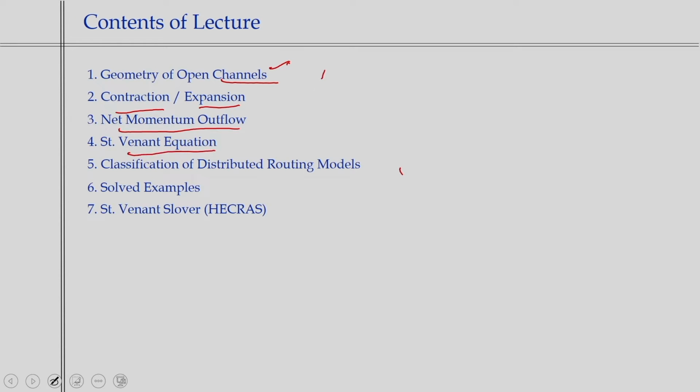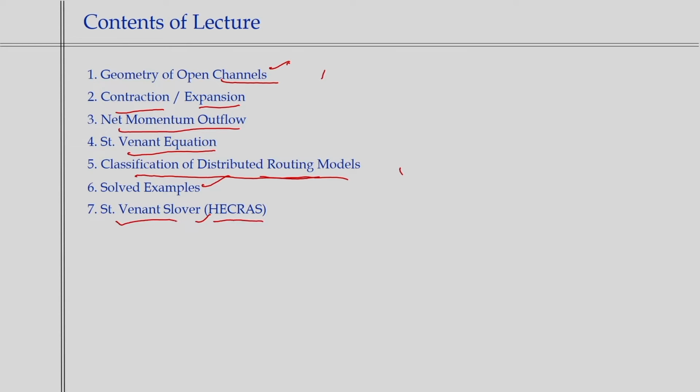We will rewrite the Saint-Venant equations, and in more detail discuss how we can classify distributed flow routing models. Then we have solver examples, and we will show demonstrations of the HEC-RAS river model, which is a solver of the Saint-Venant equations and the continuity equation.